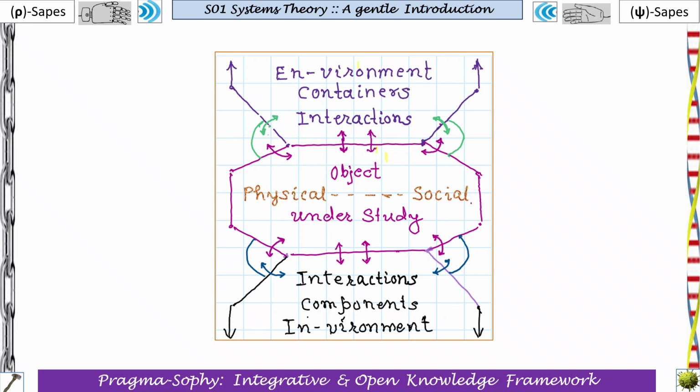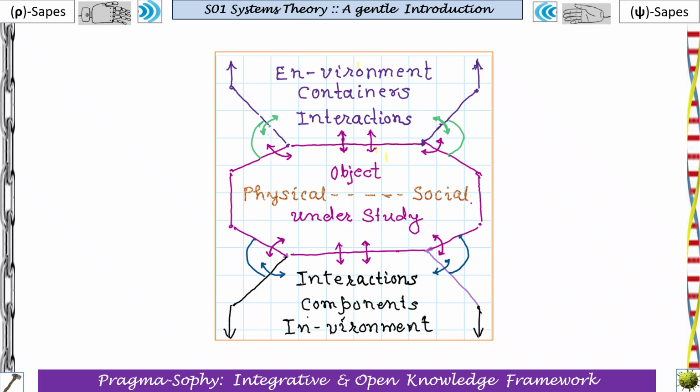Systems theory treats both physical and social objects with the same principles. It offers a universal language to describe the connection between these objects and everything around and within them.